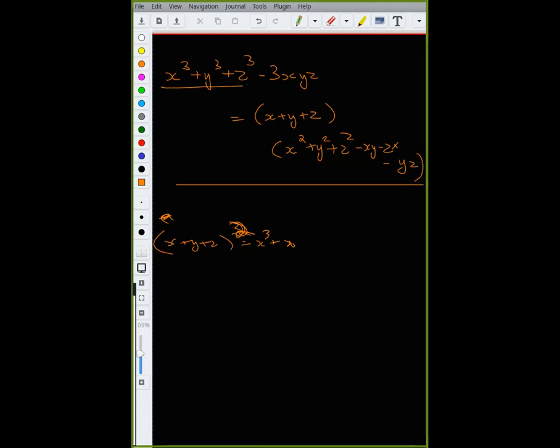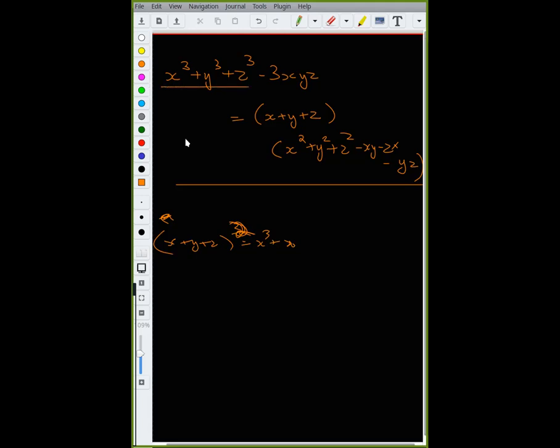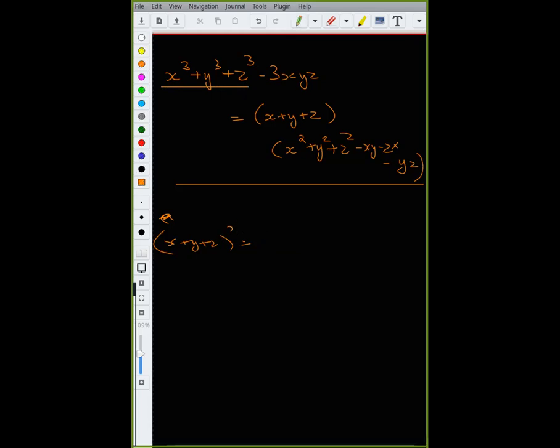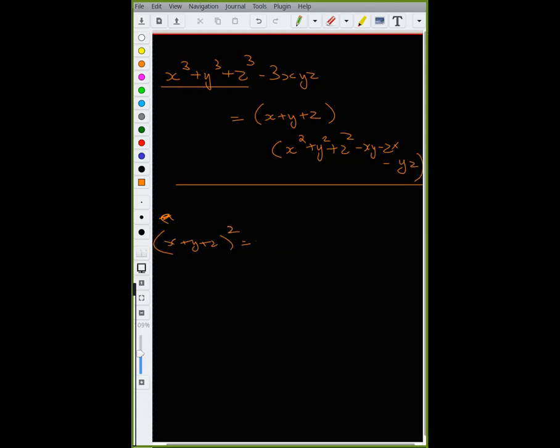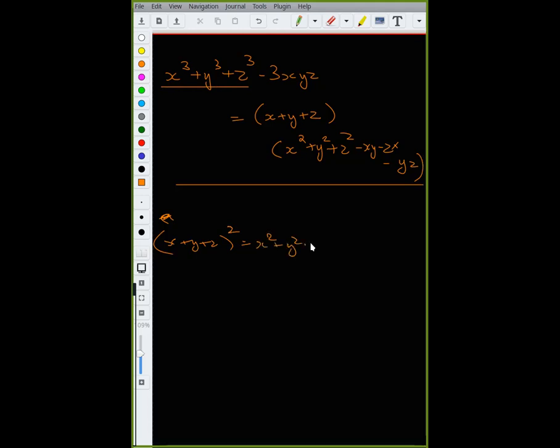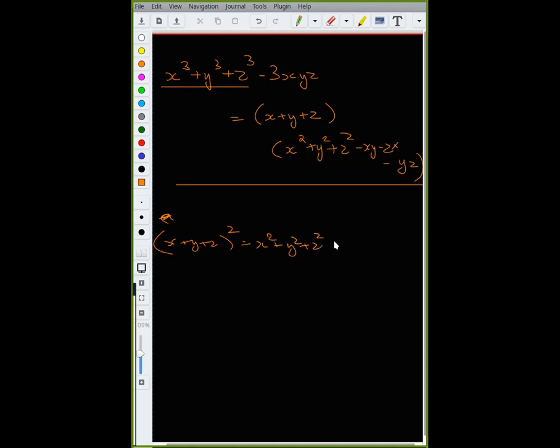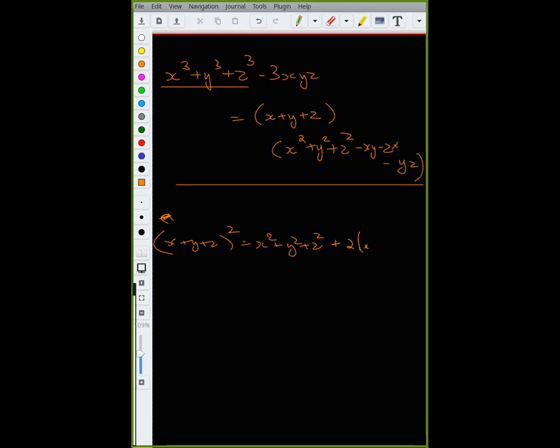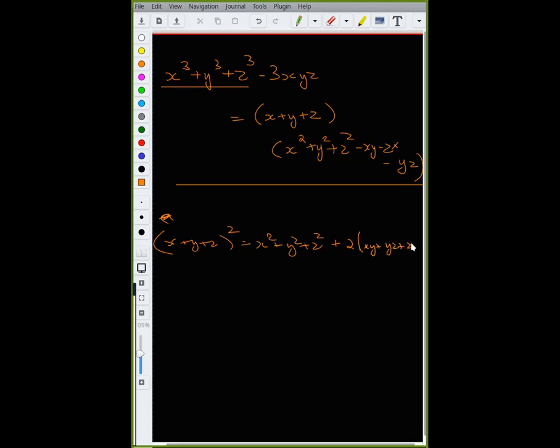Which cube of 3 numbers did we do? We have only done the square of 3 numbers, right? What is this identity? x square plus y square plus z square plus 2xy plus 2yz plus 2xz. Right? There is no cube here.